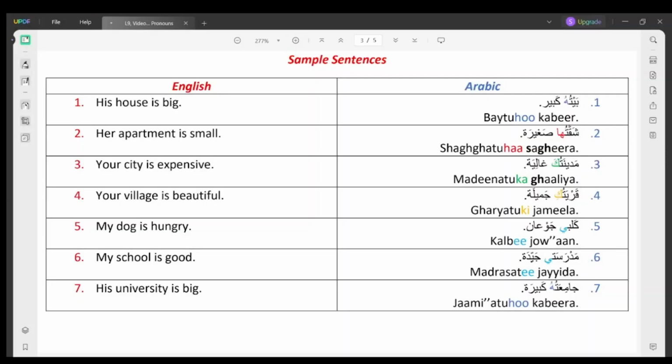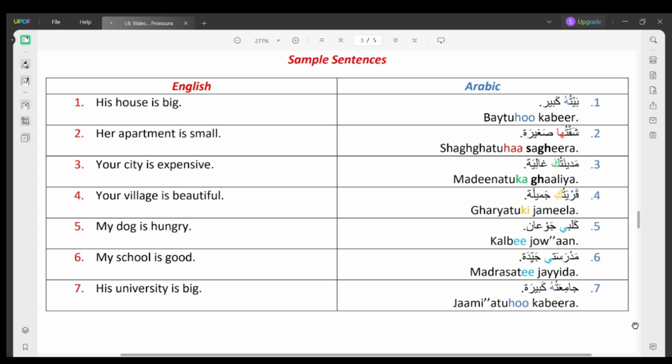Number one, his house is big. Baytuhu kabir. Number two, her apartment is small. Shaqqatuha saghira. Number three, your city is expensive. Number 4. Your village is beautiful.